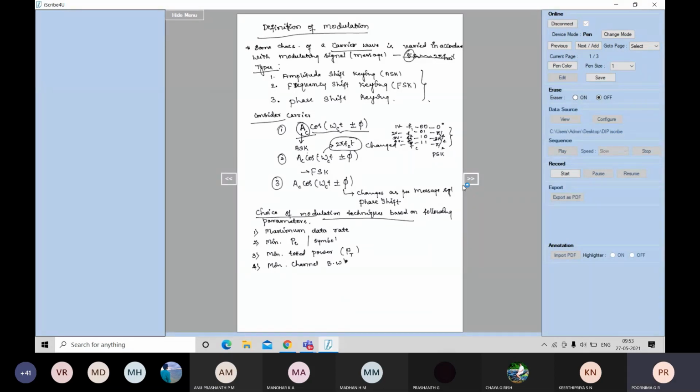Then maximum resistance to interference signals, which means it should give zero ISI.